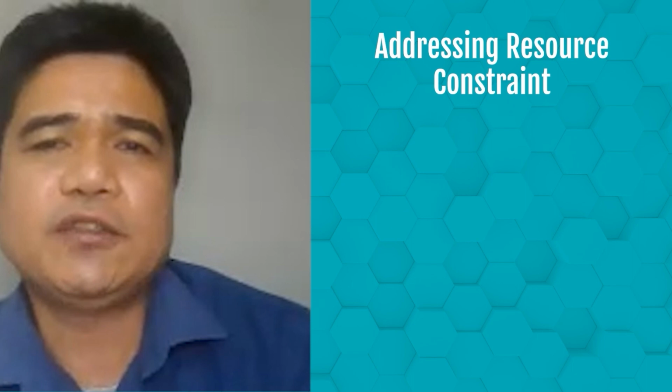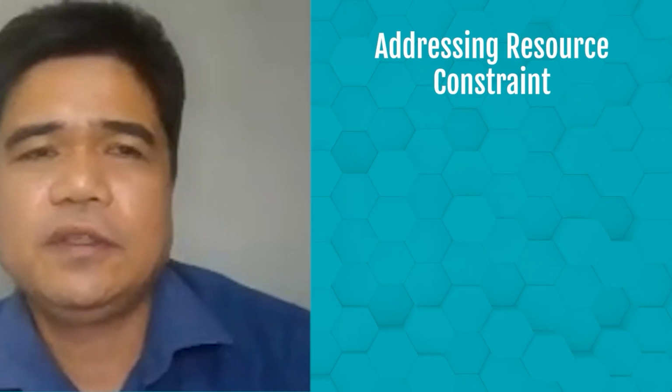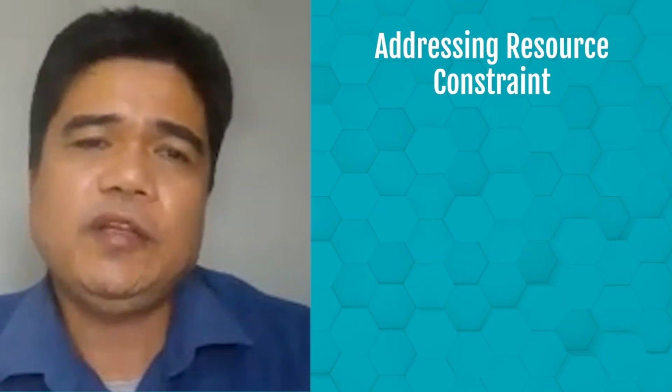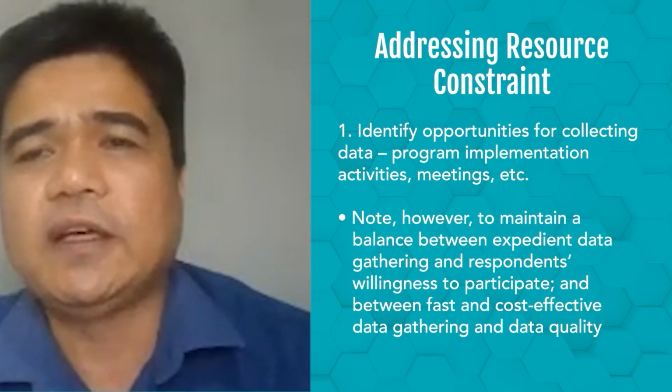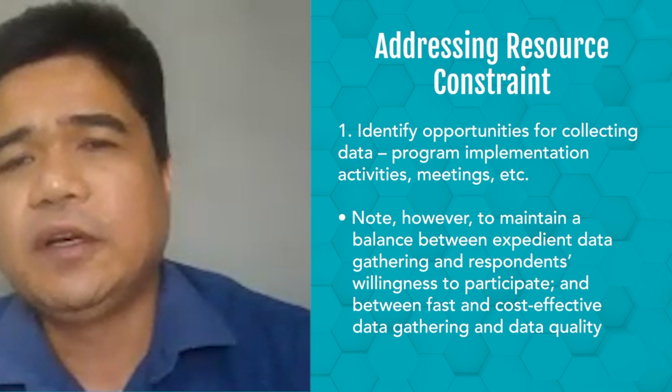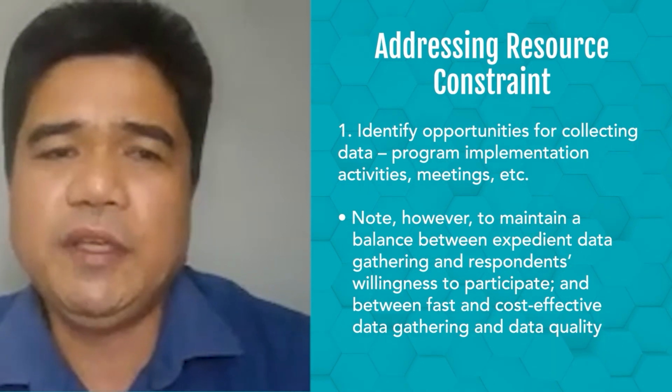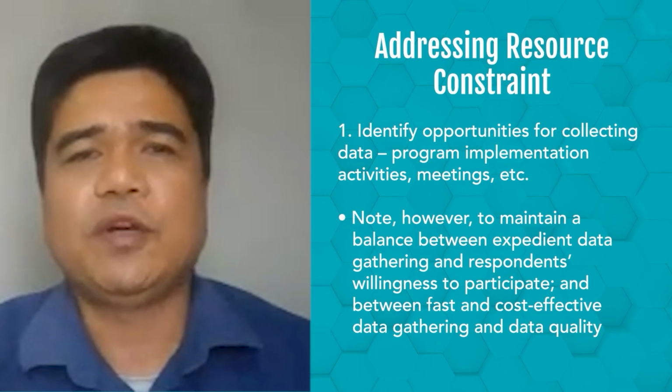So how do we address resource constraints? First, we identify opportunities for collecting data. For example, there are activities like program implementation, meetings that can be used for data collection.